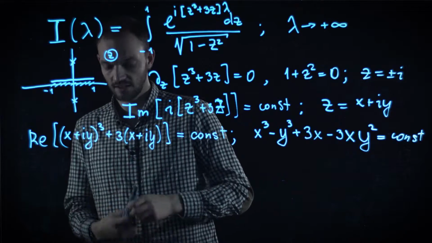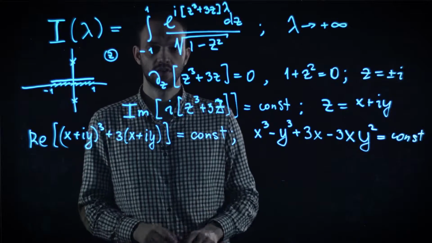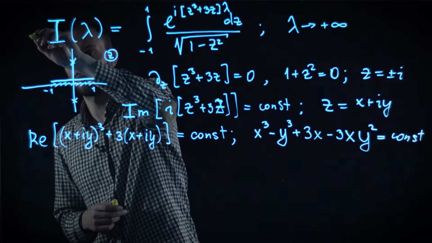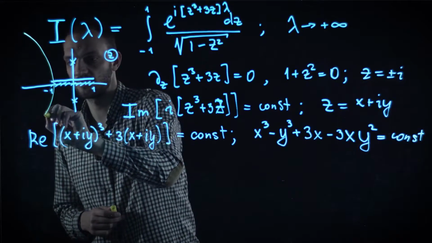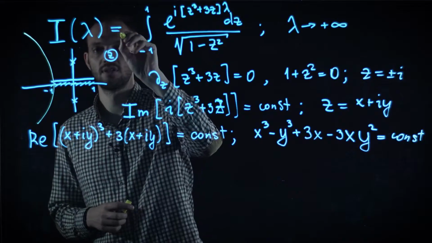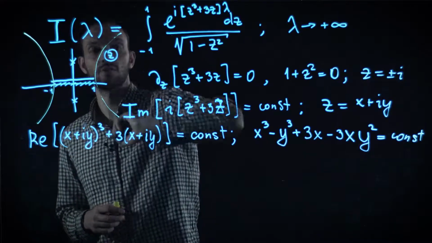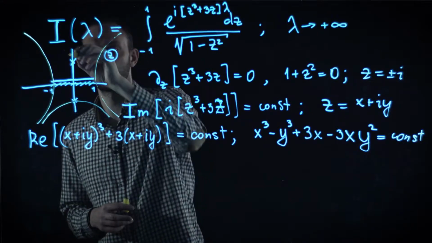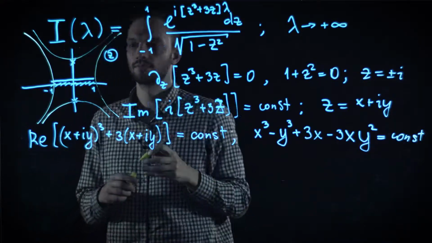As an exercise, you can resolve this equation yourself, and let me draw just the result. It happens that the curves of constant phase which pass through the boundary points behave like that. And there are also curves which pass through the saddle points, and they behave like that.